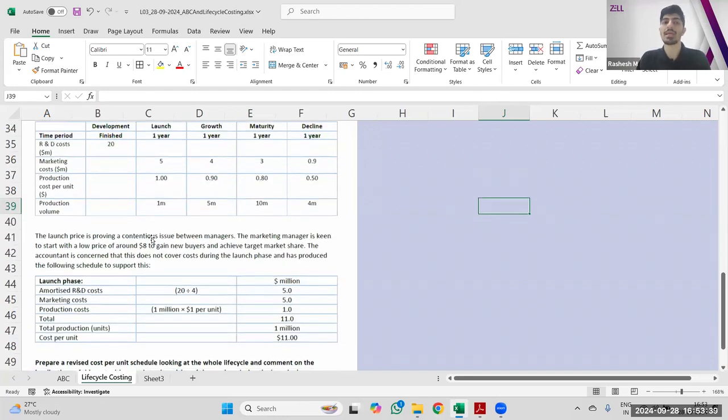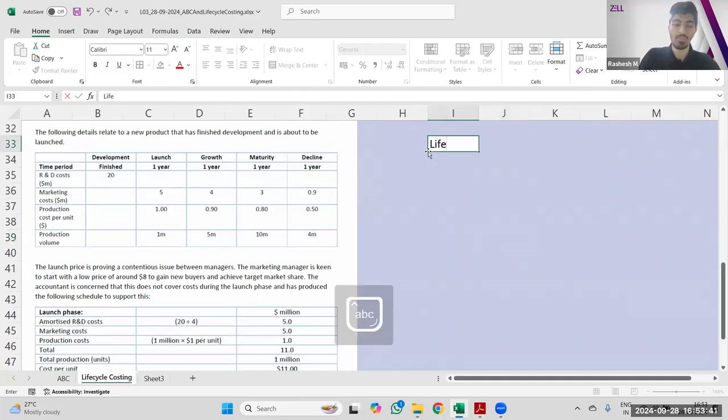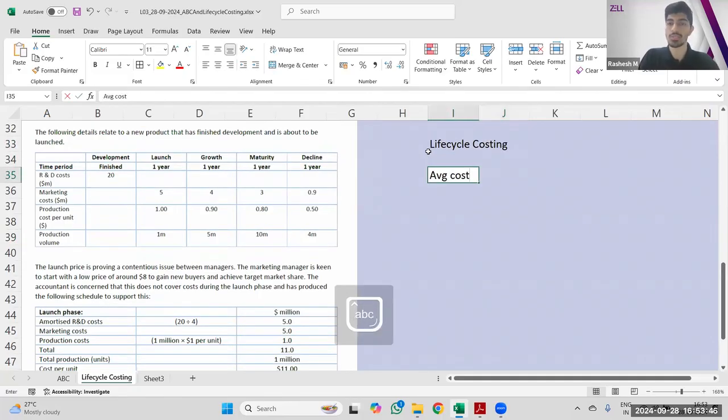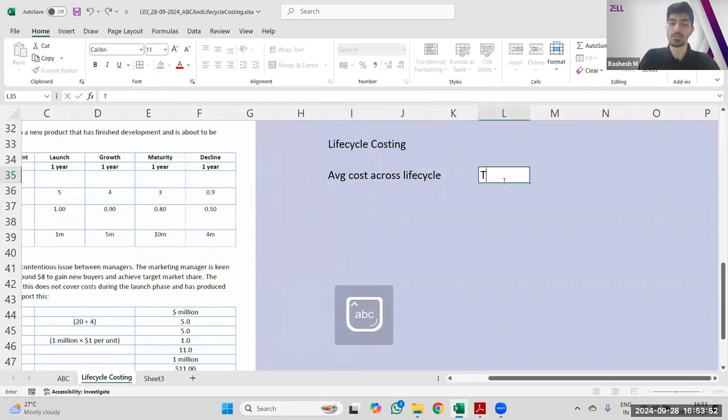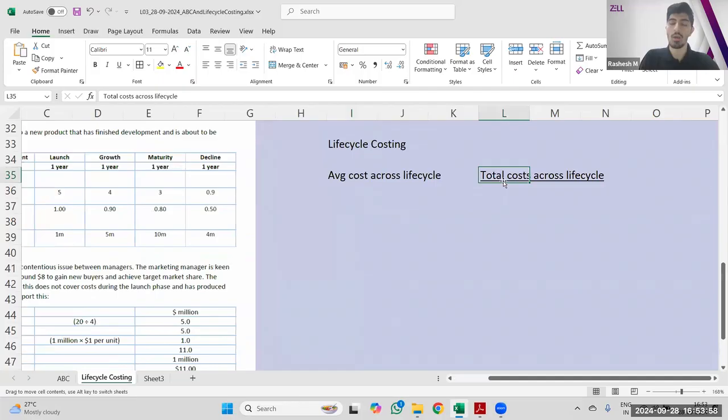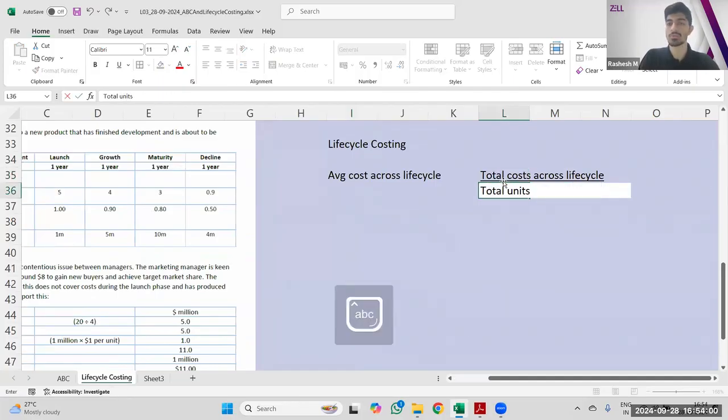So what does life cycle costing simply do? It finds an average cost across the life cycle. The formula is very, very simple. It is total costs across the life cycle upon total units sold across the life cycle.